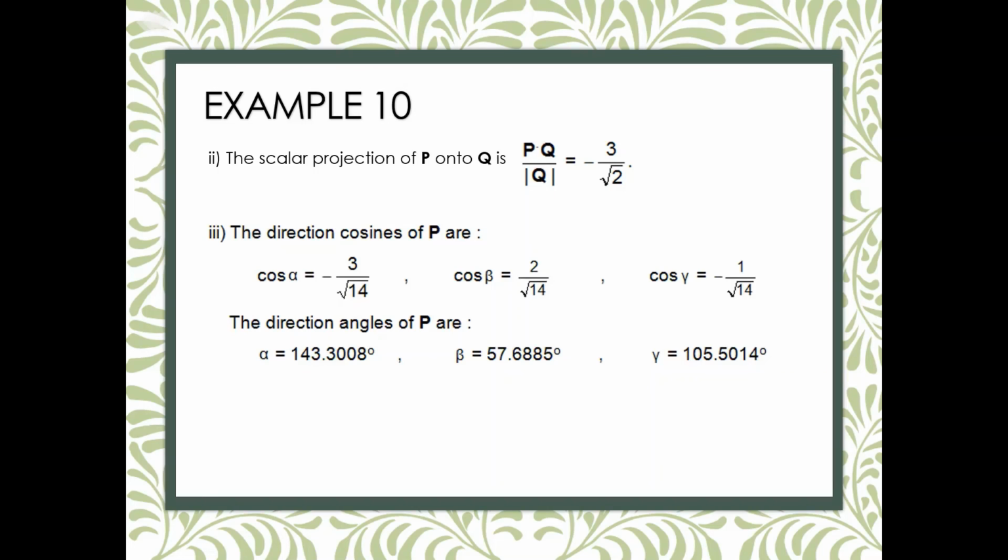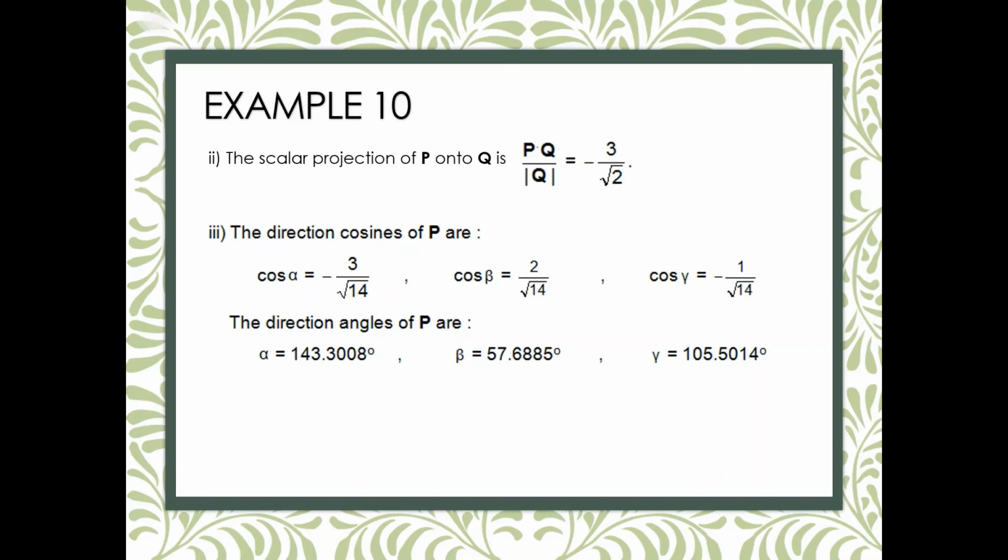The direction cosines of P are cos alpha equal to negative 3 over square root 14, cos beta equal to 2 over square root 14, and cos gamma equal to negative 1 over square root 14.